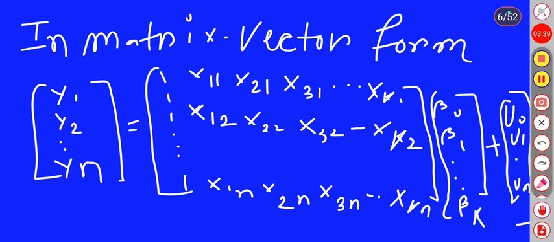Similarly, for the last row, we can write 1, x1n, x2n, x3n up to xkn, multiplied by beta 0, beta 1, beta 2, beta 3, beta k, plus the error term u0, u1, u2, u3 up to un.